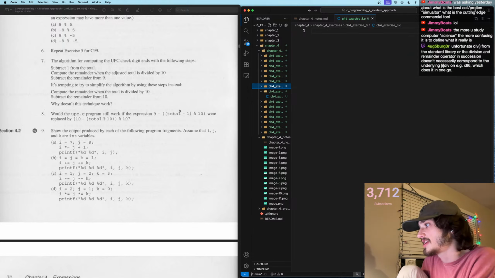So if, let's say, total is 10, this would be 9. This would be 0. This would be 9 minus 0 is 9. So this is 10 modulo 10, which is 0. 10 minus 0 is 10, modulo 10. It's 0.